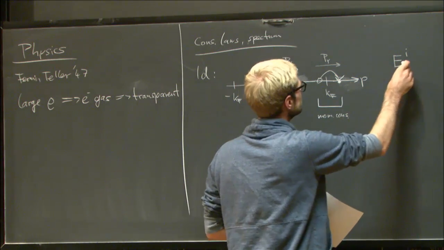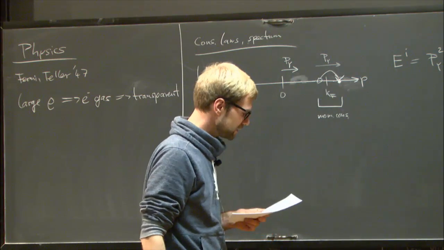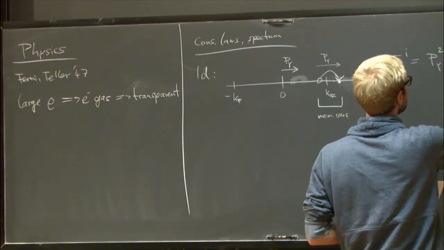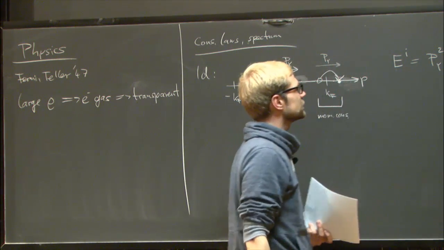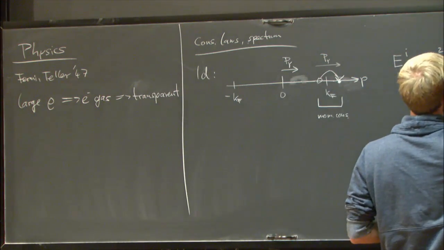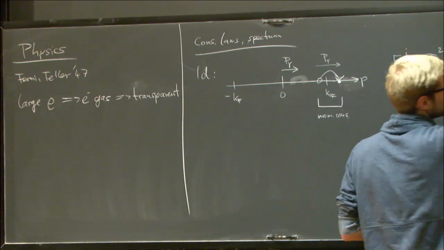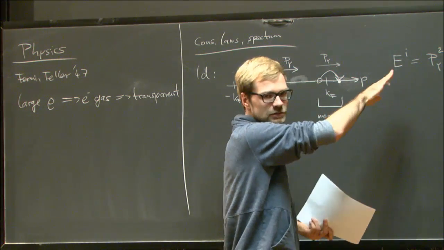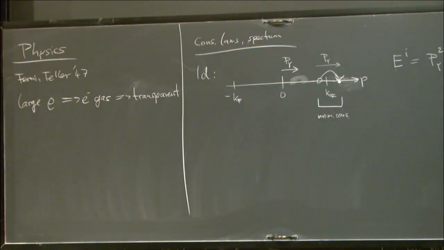The initial energy would be p_y squared, the kinetic energy of the test particle, plus the kinetic energy of the Fermi sea, which is just n times the Fermi momentum squared, plus a potential energy, say the mean field energy rho times v hat of 0. But that won't play much of a role here. So v hat of 0 is the zeroth Fourier component of v, the integral of v.